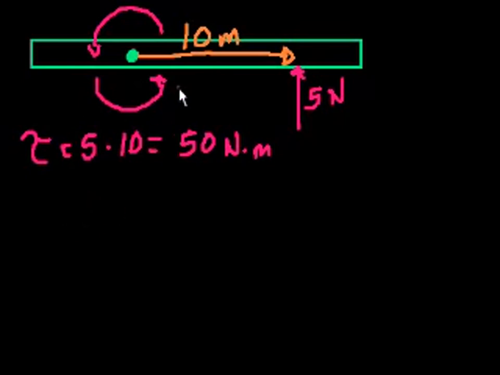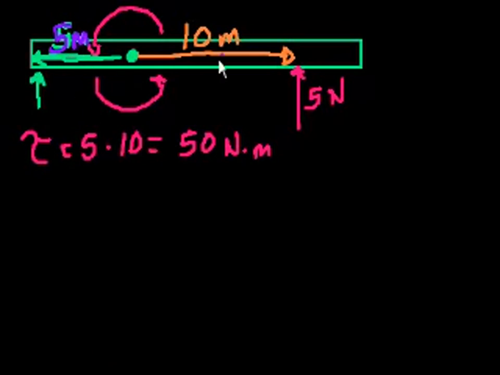But what if I said that the object is not rotating, and that I have another force acting here, and let's say, I don't know, let me make up something, that this is 5 meters to the left of the pivot point.